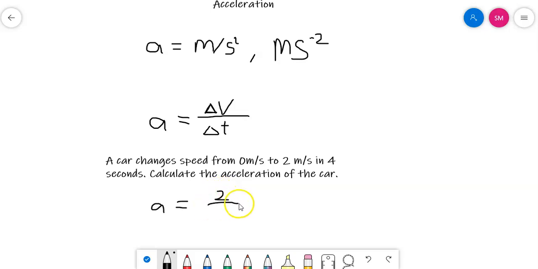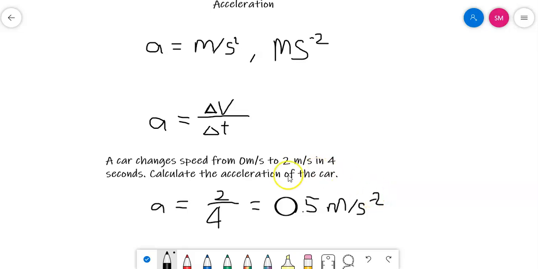Acceleration is 2 divided by 4, since it takes 4 seconds for the car to change speed. So 2 divided by 4, we end up with 0.5 meters per second per second.